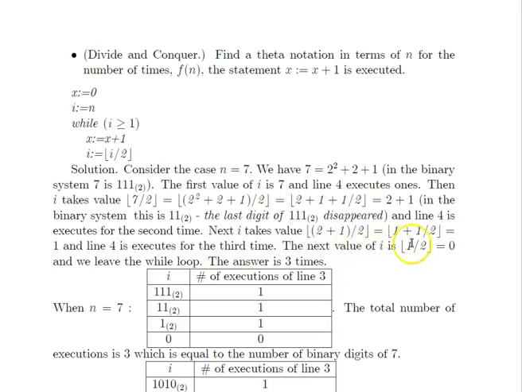The next value of i is the floor of i divided by 2. That is the floor of 1/2, which is 0, and the while loop terminates. So the answer is 3. And 3 is just the number of binary digits of 7 in the binary system.